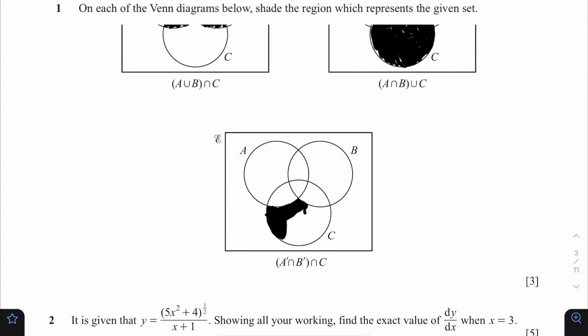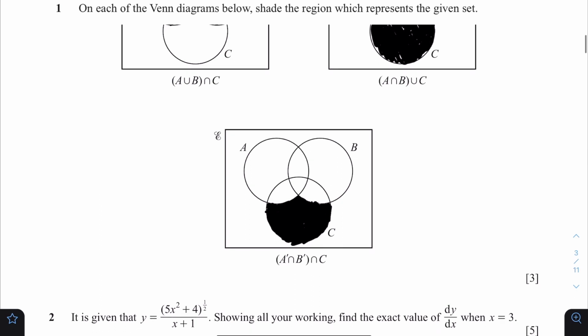So this is really saying the same thing as only the section that's only related to C. It's not intersecting with anything else. It can't be any of the sections that are with A and B, because A prime intersect B prime does not cover that. All right, great. Let's move on to the next problem.